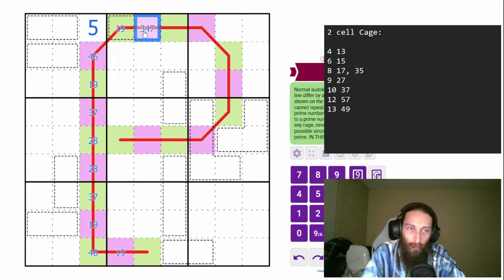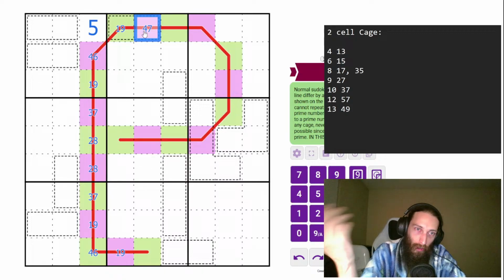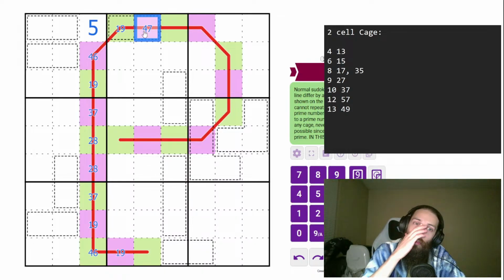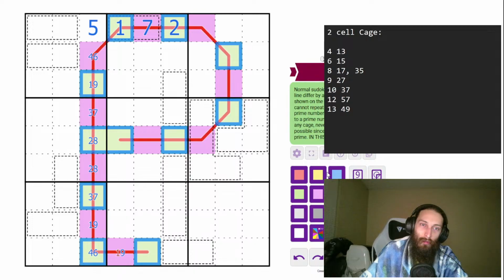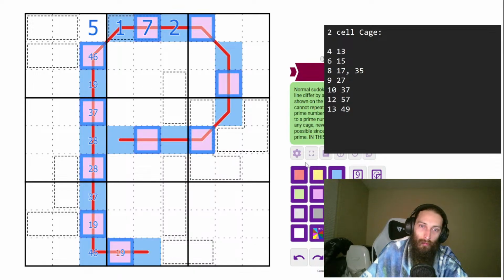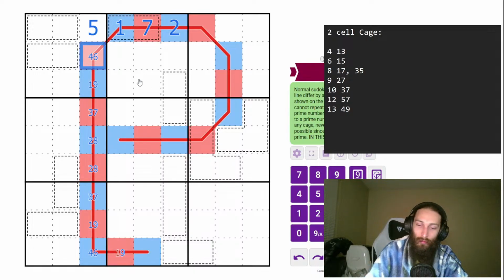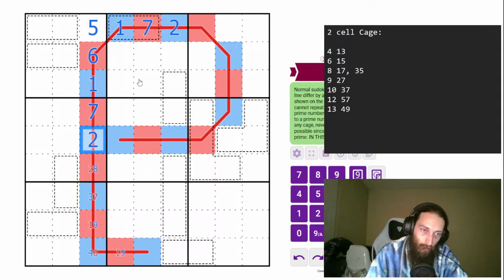It would have to pair with a 4, and a 1 couldn't pair with a 3. Okay, 7, but then you can't use a 4. Right, so it would have to be 1, 2. So it's 1, 7, 2, 8, 3, 9, 4, 9.